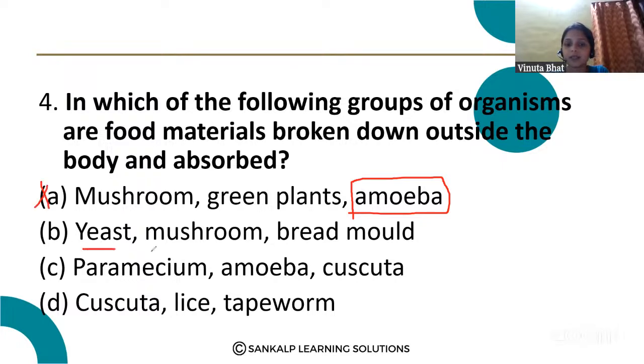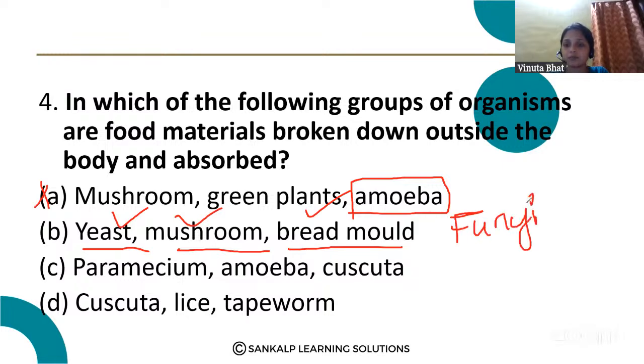See the yeast, mushroom, bread mold. Yeast, mushroom, bread mold belong to the group fungi, and the organisms belonging to the group fungi break down the food material outside and after that they absorb the materials. So the correct answer is option B.